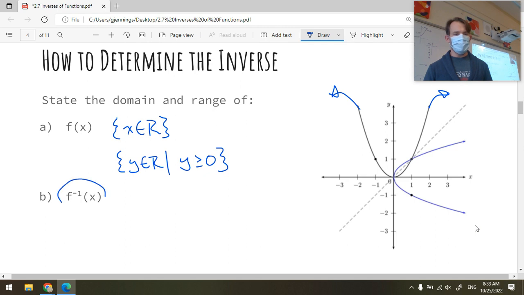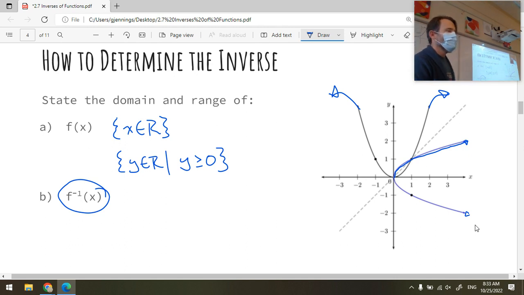In the inverse function, on the other hand, here's the inverse of that function. Is the inverse of y equals x squared a function? No, it ain't a function. Why not? Yeah, it doesn't pass the vertical line test. It has multiple outputs for the same x inputs.